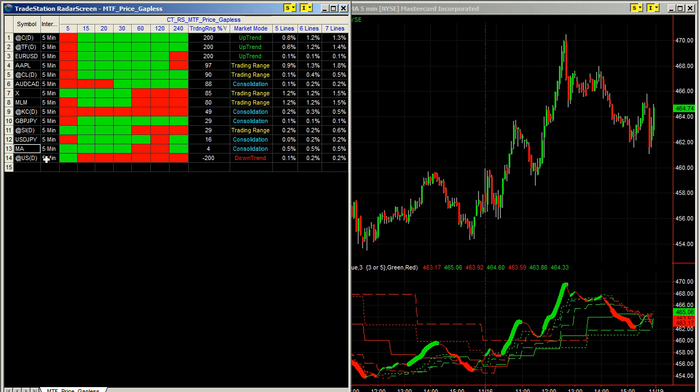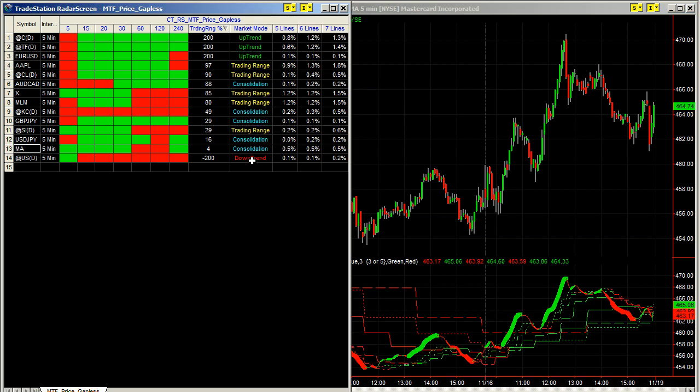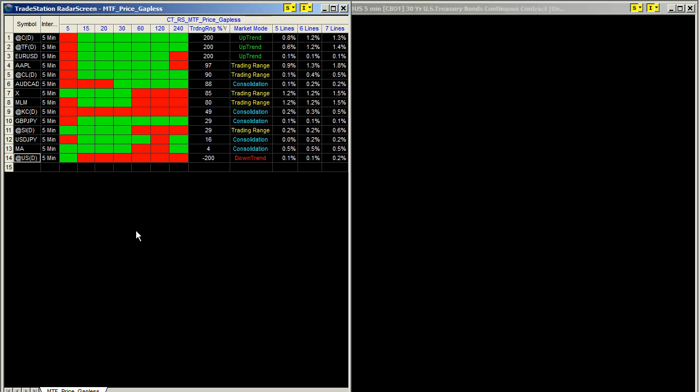See this MasterCard, this one that's on the chart right here, that's in a consolidation, very tight together of those lines. If we look at U.S. bonds, that's in a downtrend. So I expect to see the price action line coming below the others in a downward move.